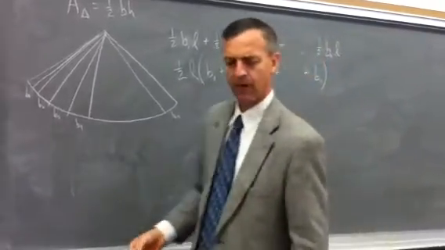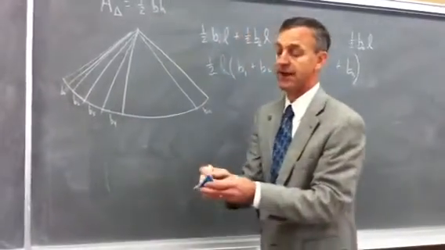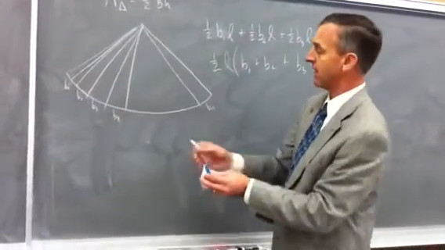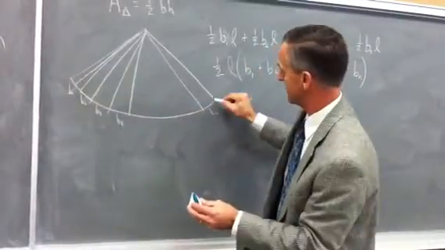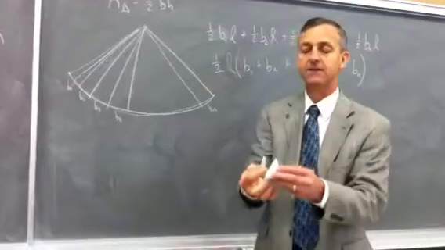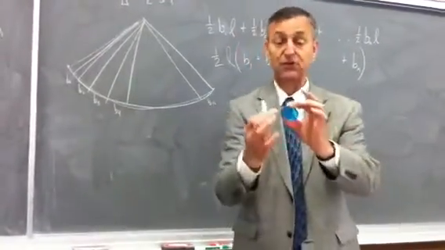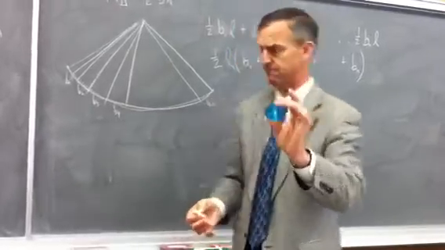Okay? Now, if you'll take a look at our net again, this entire distance from here to here is what? You're right, it's simply the circumference of the base of this circle.